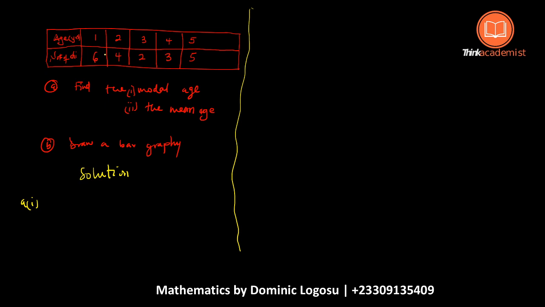So 1 year olds, 2 year olds, 3 year olds, 4 year olds, 5 year olds. Technically we have 6 as the highest frequency, which points to 1. So we'll state that the modal age is 1 year.